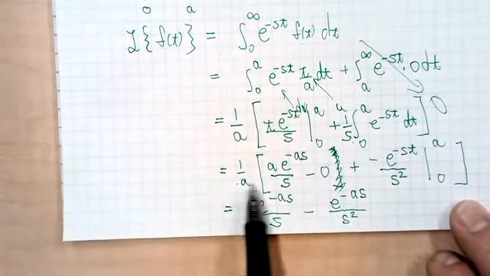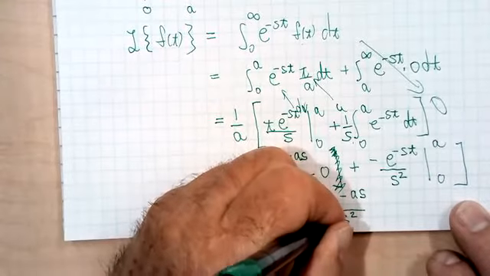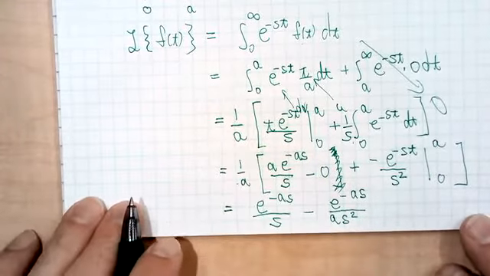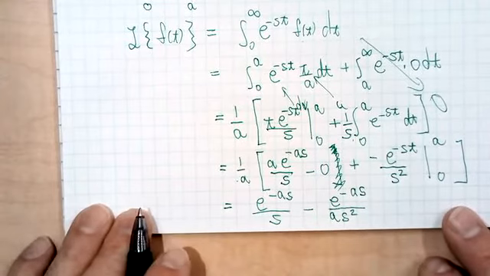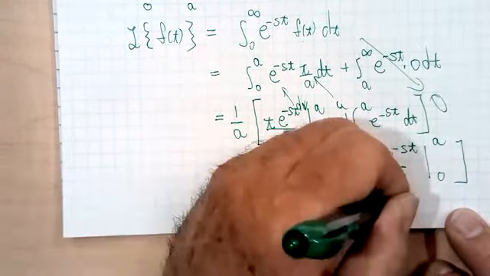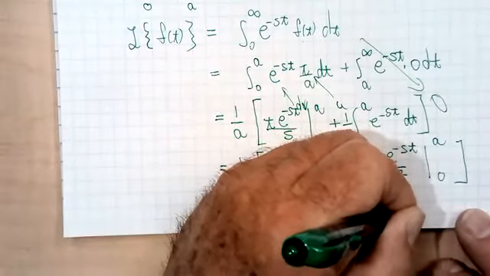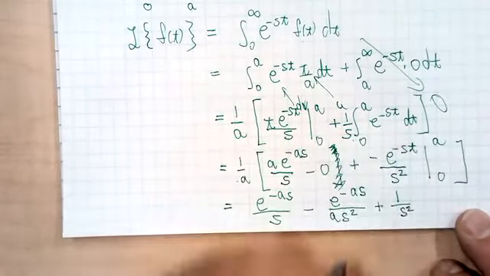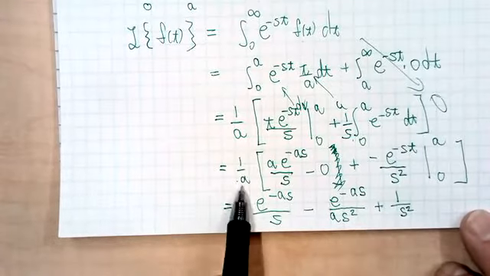And I need to multiply it on the bottom by a. And when I plug in the 0, I get plus 1 over s squared. And then you pick up an a there.